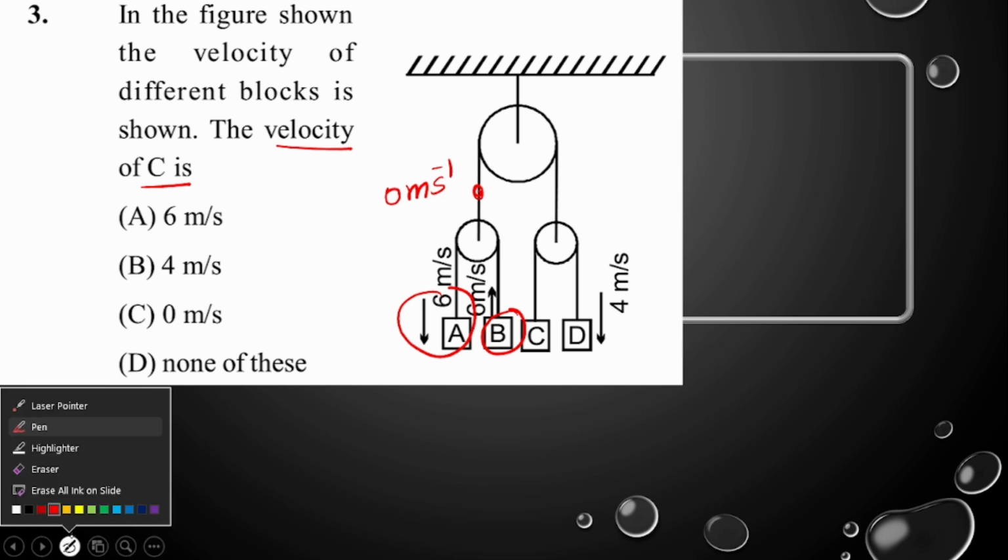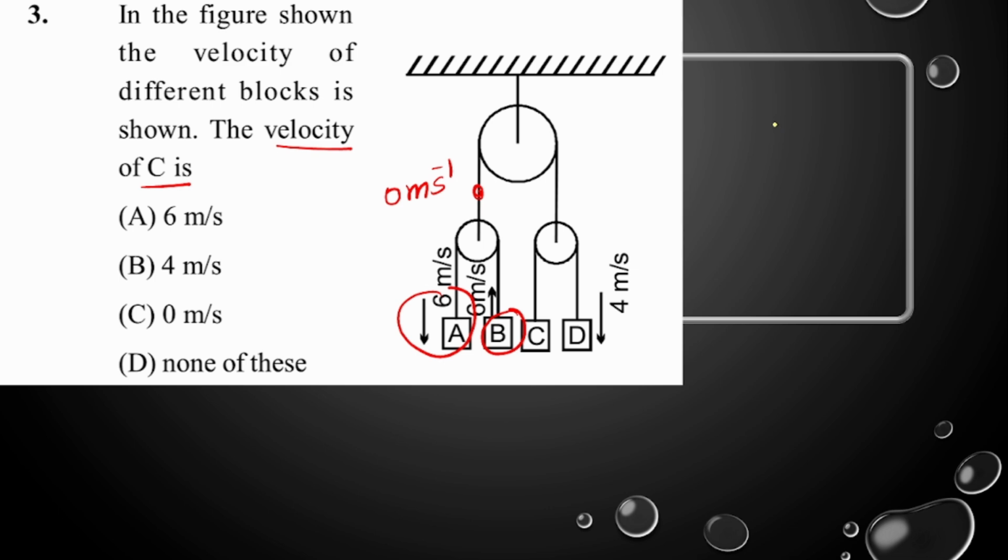We have done so many questions in which the pulley is connected to two blocks A and B and it is hanged by some fixed support. So acceleration of A is, let us say, in this direction, so acceleration of B is in this direction.